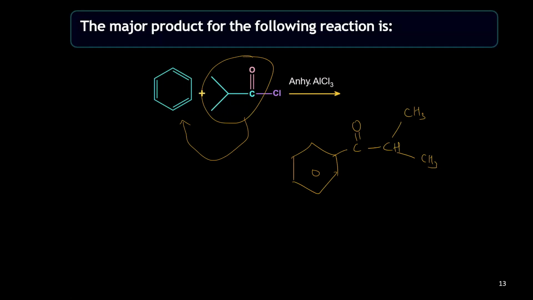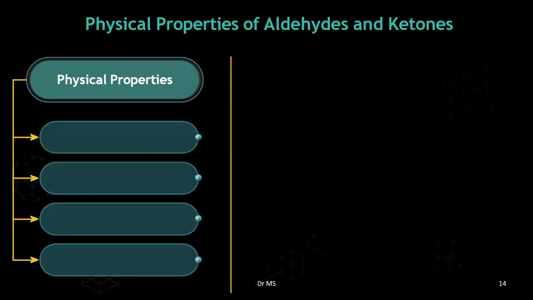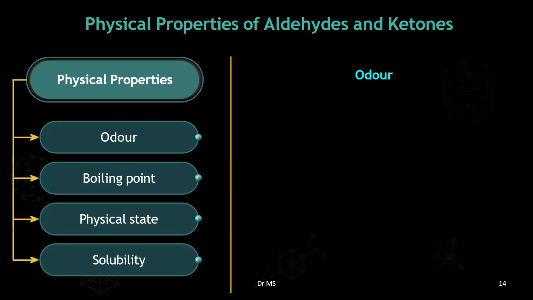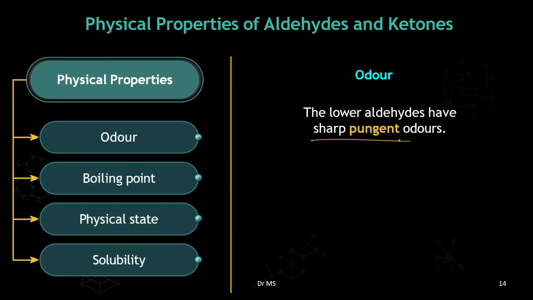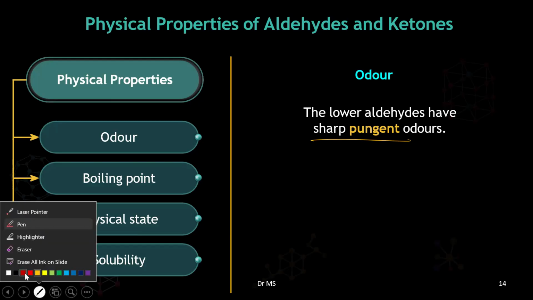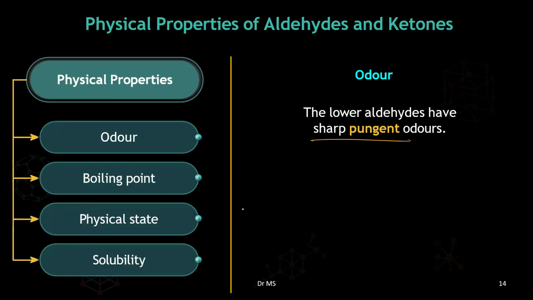Next one. So the properties of aldehydes and ketones. If you see here, order, boiling point, physical state, and solubility. When we come to the odor, the lower aldehydes have a sharp pungent smell. That means very sharp, and the smell is not good at all, a kind of abnormal smell.